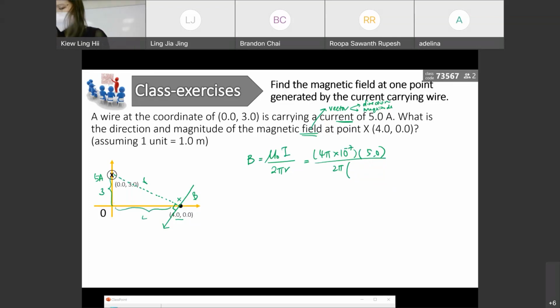So the distance can be found from Pythagoras theorem. So it's actually 5 meters. So 2 pi 5.